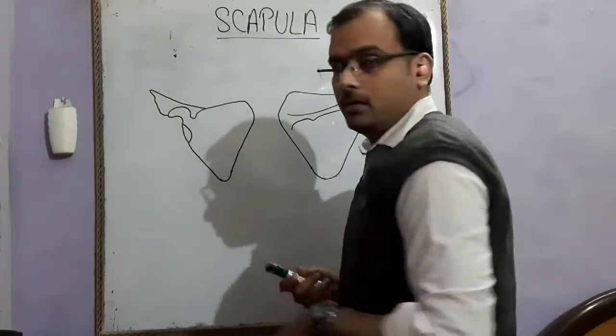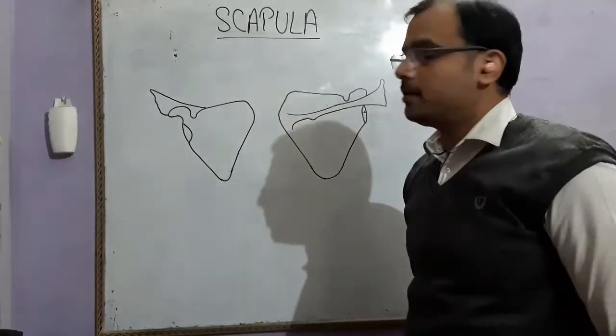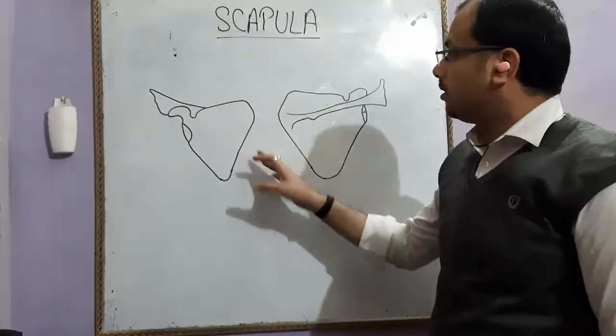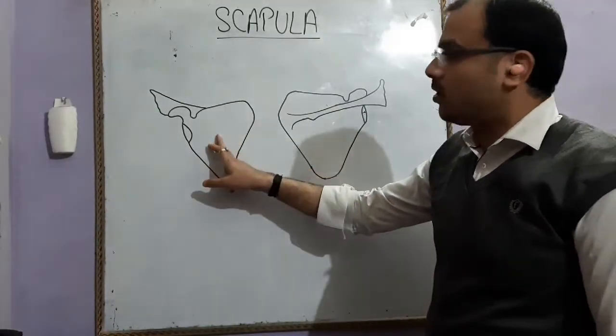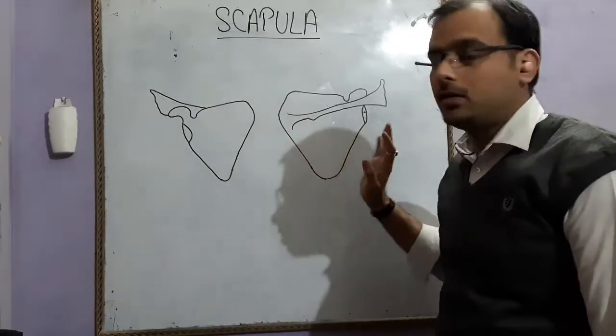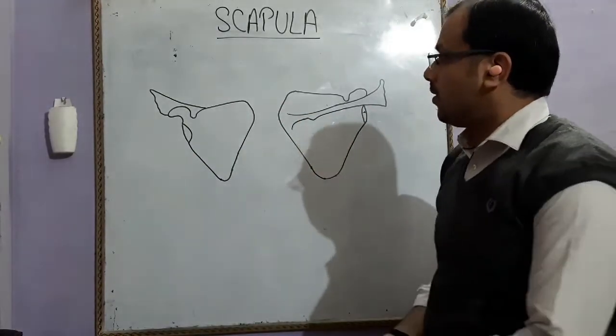Now we will discuss the attachments on the costal surface and the dorsal surface of the scapula.